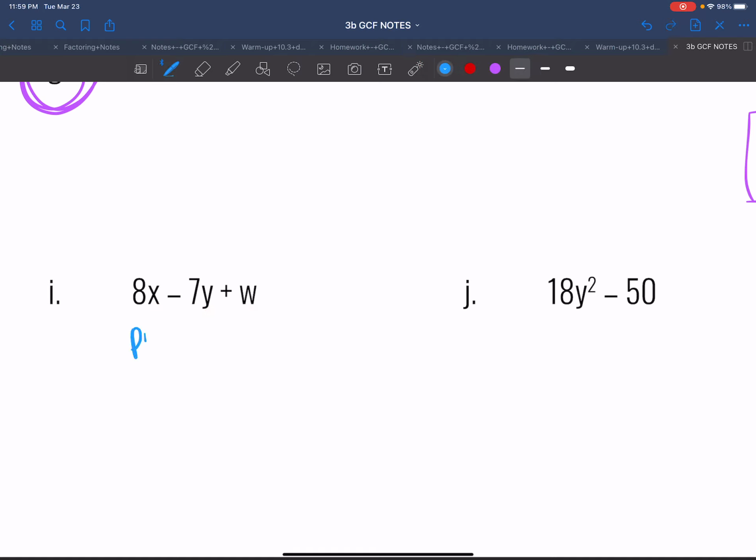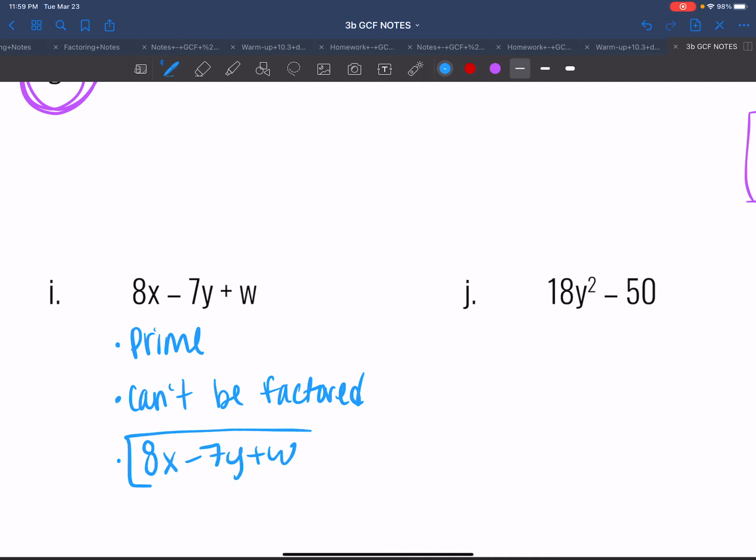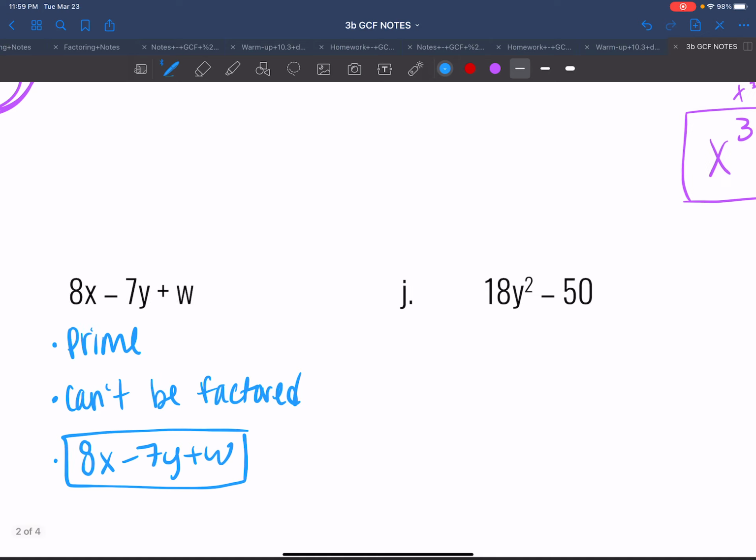So this is prime, or you might say it can't be factored, or I'm thinking of ways it might be given to you in a multiple choice question. You could also just rewrite the problem and box that as your answer because that is the answer.